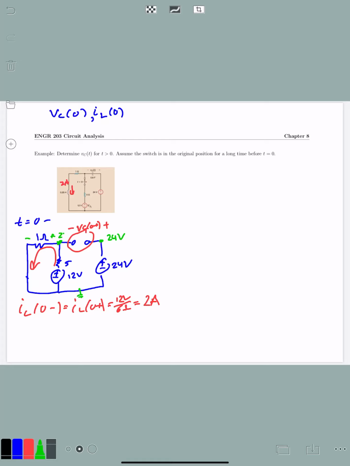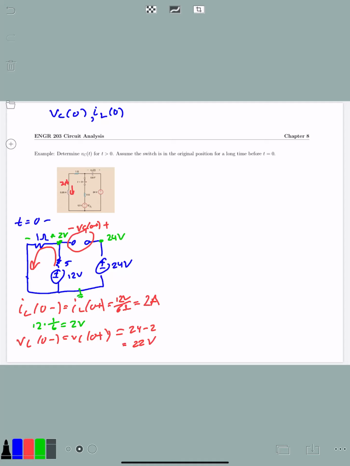The voltage there would be 12 times the resistance over the sum of the resistors, which gives us a 2 volt voltage there. And so what that means then is my VC of 0 is the positive side minus the negative side. 24 minus 2 is 22 volts.